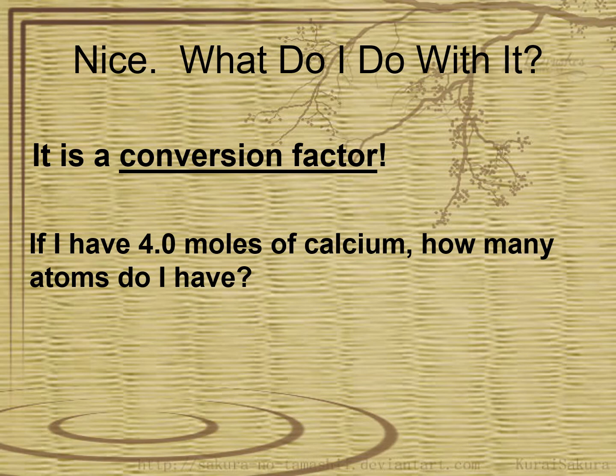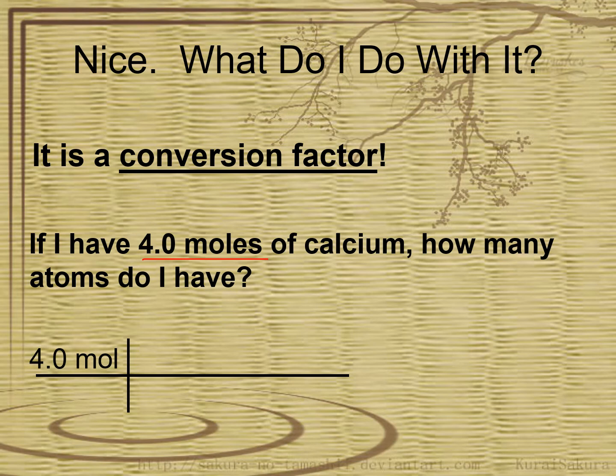If I have 4 moles of calcium, how many atoms do I have? Calcium is an element, so we use the term atom. All right, so we set up our T-chart. We are going to write down 4 moles in that left-hand corner.